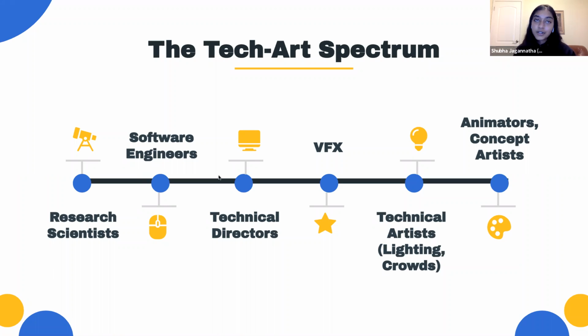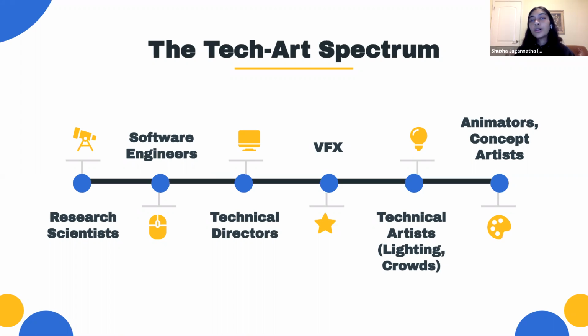And then I have technical directors here. Technical directors are also known as TDs, and they're essentially engineers that are assigned to movies. They work on specific scenes, specific shots, and basically in the beginning of the making of a movie, they vet, looking at what this movie needs, what kinds of tools should I build to help artists out.